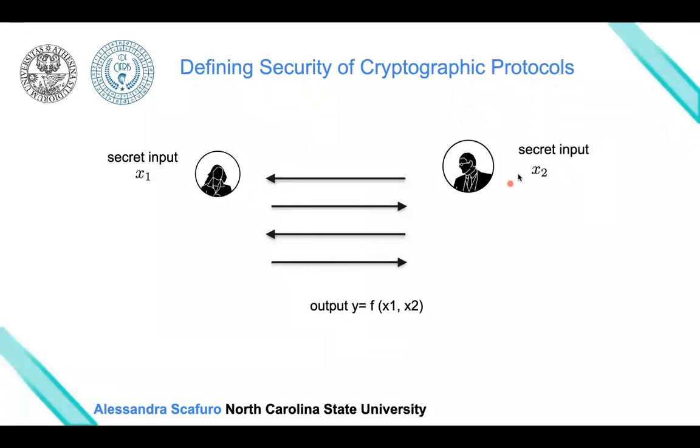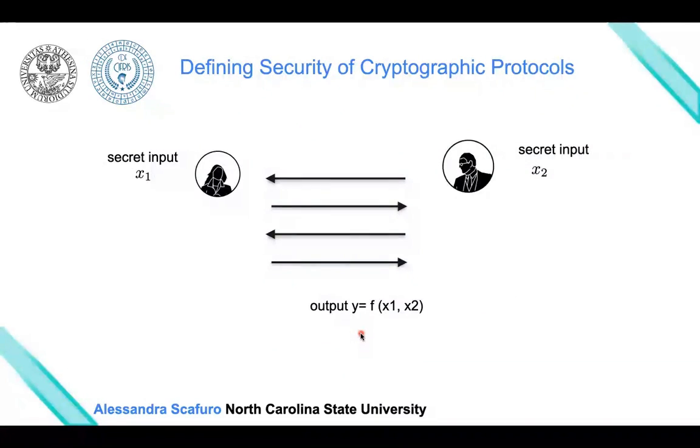We have Bob who has a secret input X2. And then the goal for Alice and Bob is to run a protocol to learn an output Y of X1 and X2. The main goal here in a cryptographic protocol is to make sure that the protocol only leaks the output of the function and nothing else.